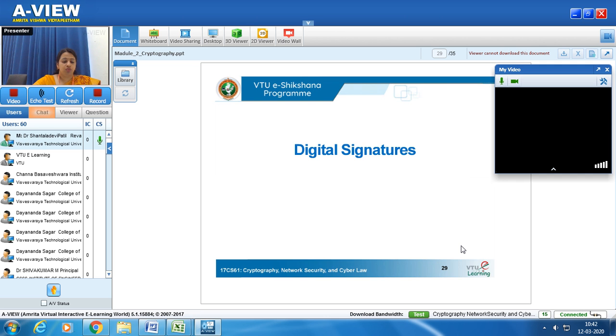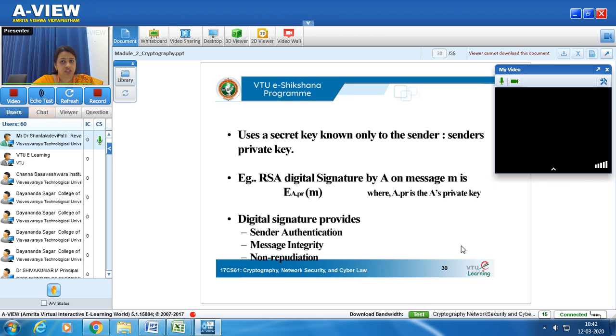Now moving further to the applications of hash, we have digital signatures. Now the question arises, what is the difference between HMAC and the digital signature? Once we discuss the digital signature, we'll see the difference between both in terms of the services and the properties provided. A digital signature uses a secret key known only to the sender, that is the sender's private key.